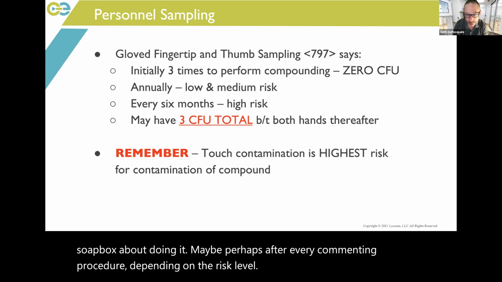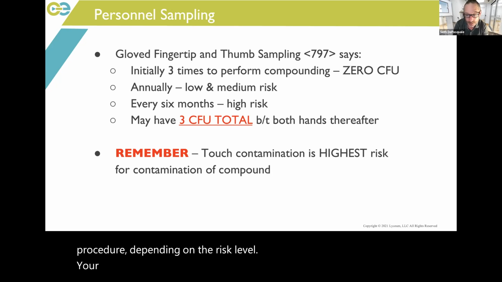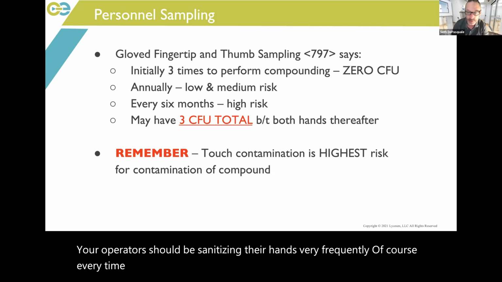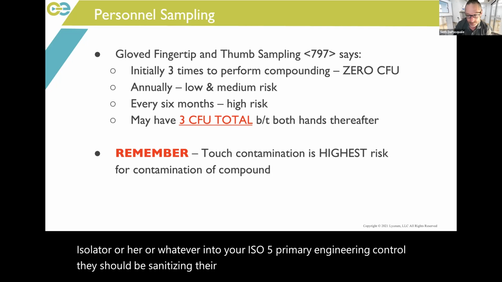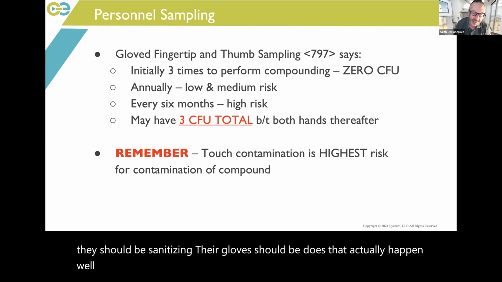Your operators should be sanitizing their hands very frequently, of course, every time they go back into the isolator or hood or whatever, into your ISO 5 primary engineering control. They should be sanitizing their gloves. Should be. Does that actually happen? Well, you don't really know unless you're sampling the gloves thereafter.